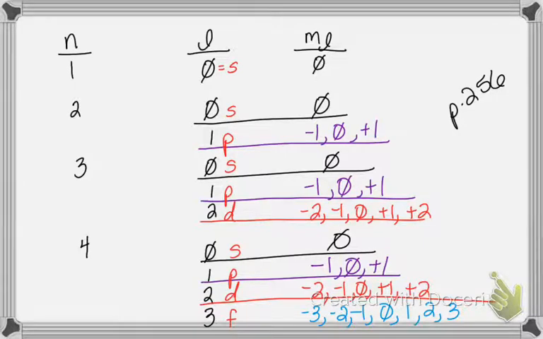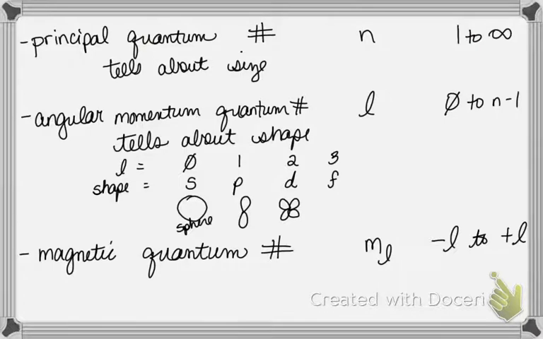Okay? Every time there's an S orbital, that's a spherical orbital. The ML, I don't believe I told you this over here. It tells you its orientation in space. How is that orbital oriented in space?